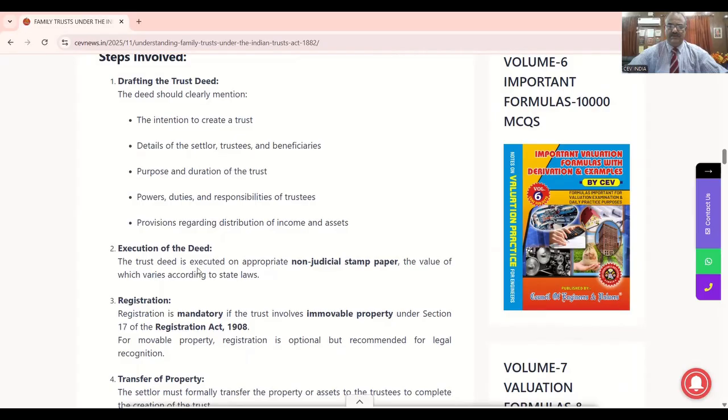द ट्रस्ट डीड इज executed on appropriate non-judicial stamp paper, the value of which varies according to state laws. There are different state laws in different states.